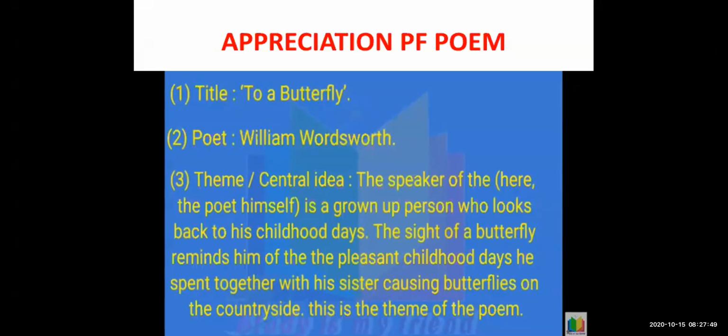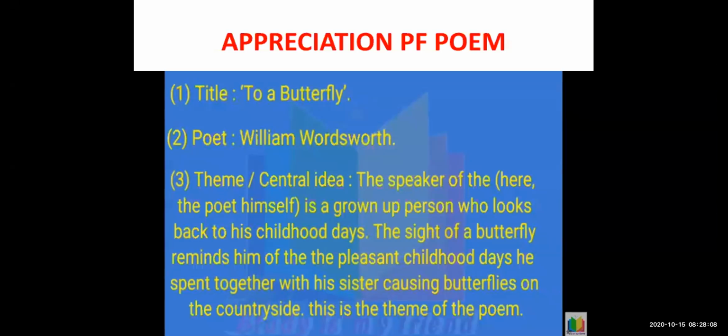The central idea: the speaker of the poem is a grown-up person who looks back to his childhood days. The poet is sharing his childhood experiences.